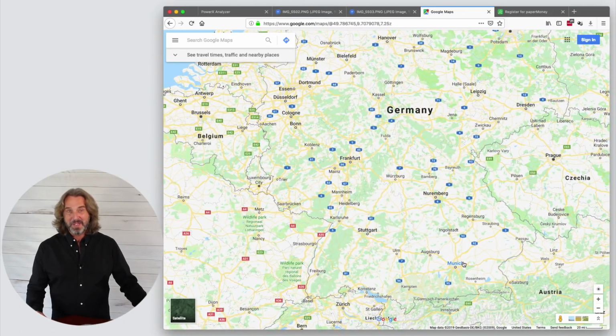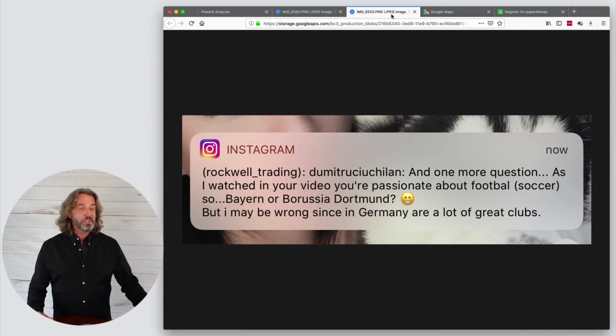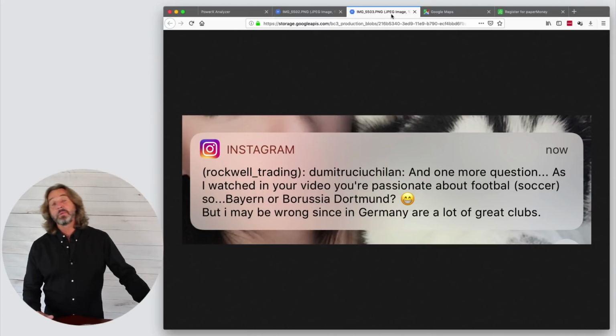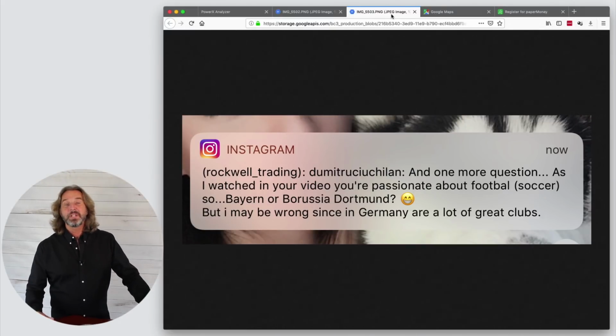And when you live in Munich, you cannot escape Bayern München. So, to answer the question, which soccer club, Bayern or Borussia Dortmund? Borussia Dortmund until I was probably 16 or 17. Then I was less enthusiastic about Borussia Dortmund, and got interested in Bayern München. So yes, I switched sides.